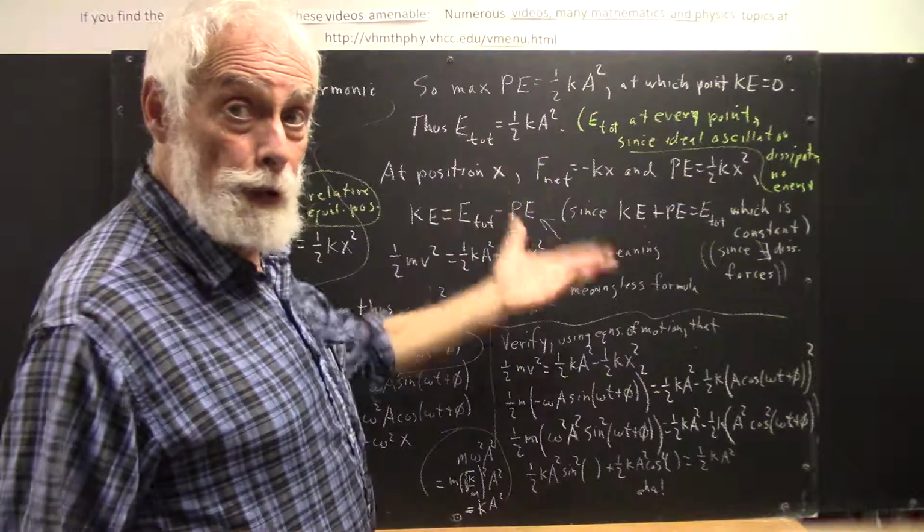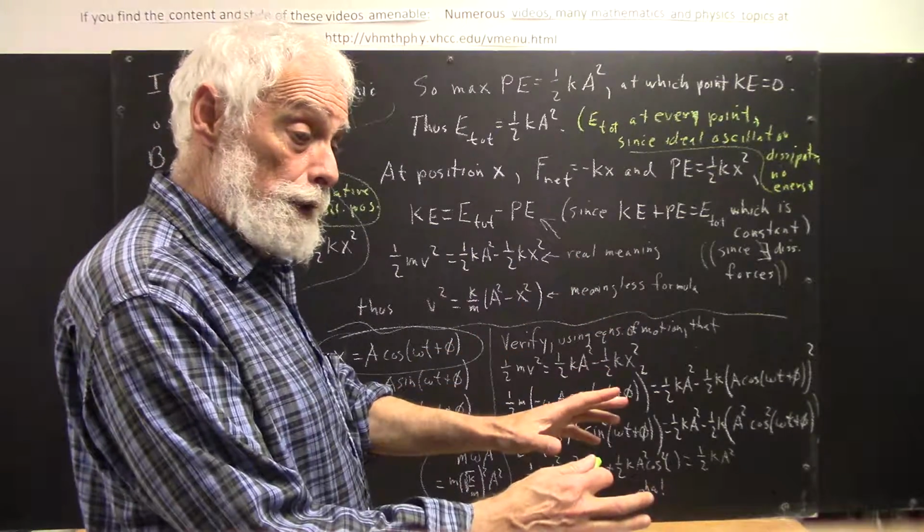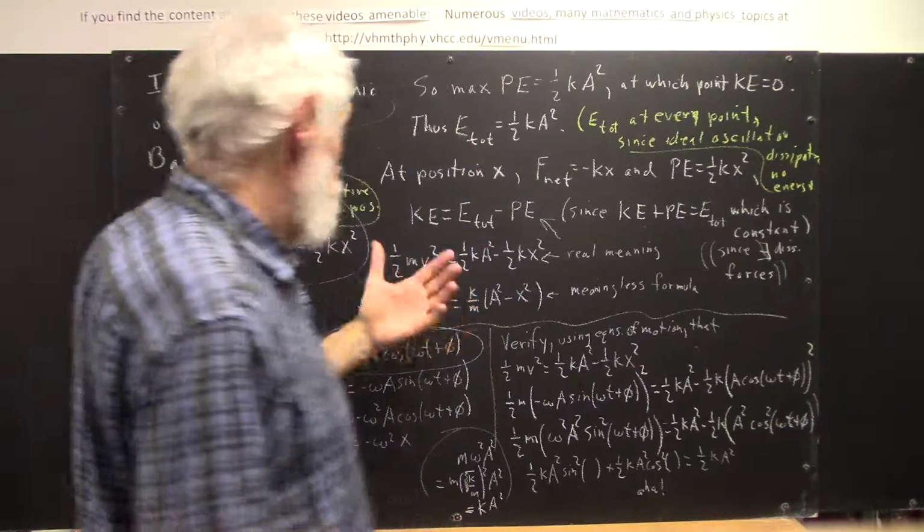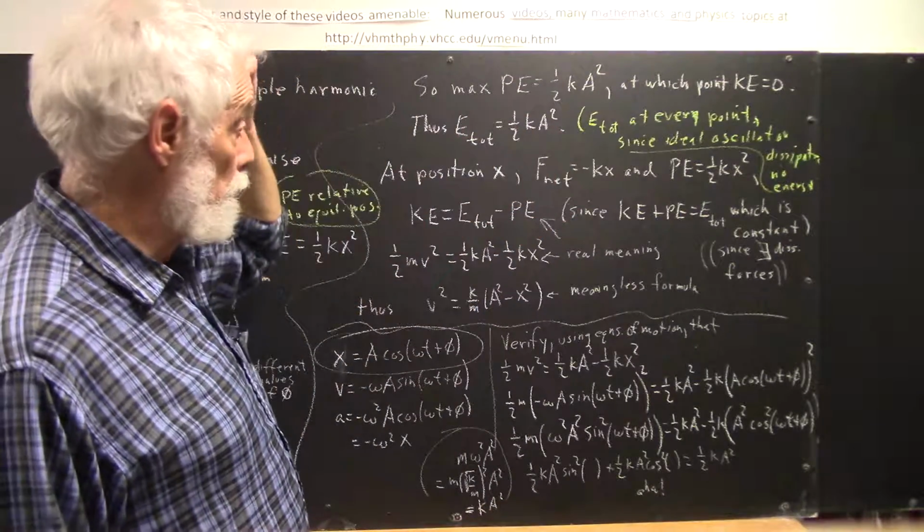So the total energy doesn't change. We're not adding any energy. It doesn't dissipate any energy. I should have said we're not adding energy, but that's part of the premise of the problem.